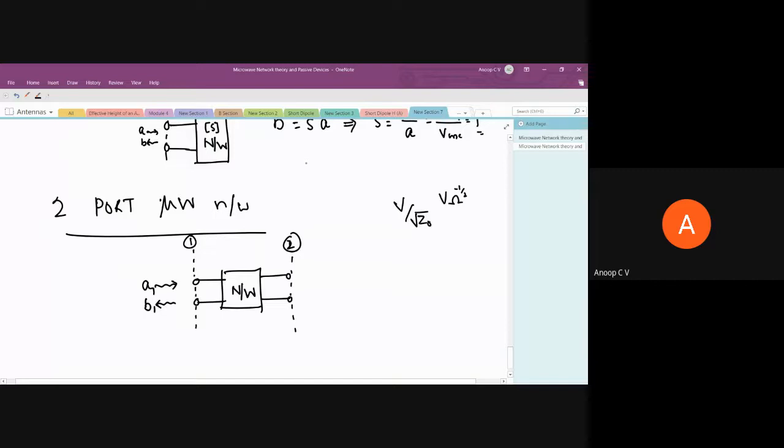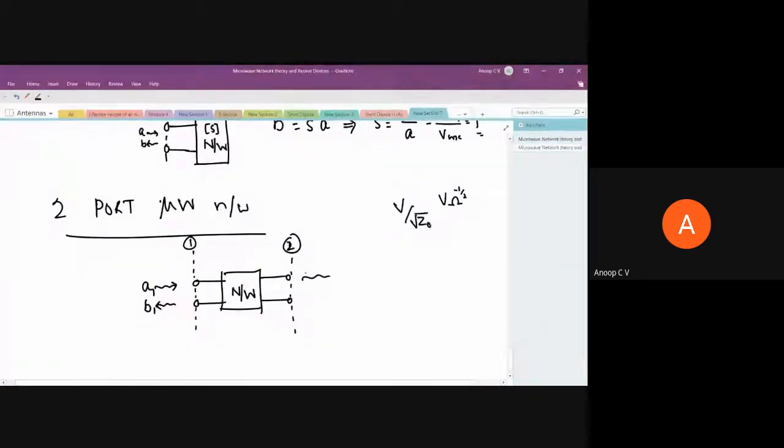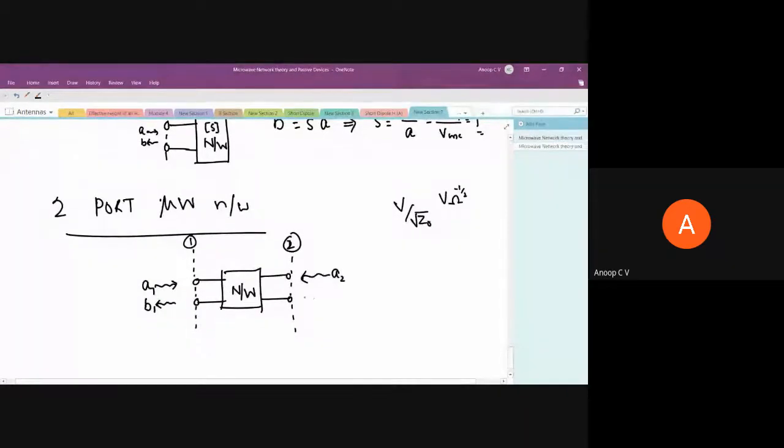A1 is incident and B1 is reflected at port 1, and similarly at port 2, A2 is incident and B2 is reflected. In all the ports, there is incident and reflected. A will always be entering, and B will always be leaving the port. That's what you have to keep in mind.